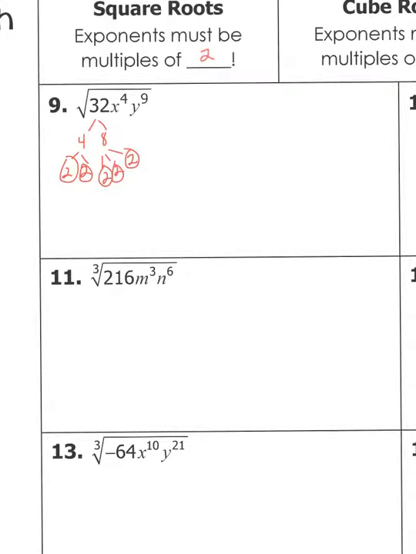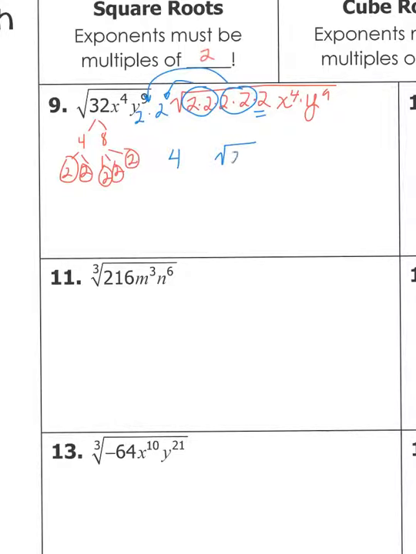So you could stretch out your 2s, but then write your x to the 4th times y to the 9th out here. So because my index is 2, I am taking groups of 2. So I'm going to pull 1 2 out in front and a second 2 out in front. And then that leaves me a 2 here. So I've got 4 square root of 2.